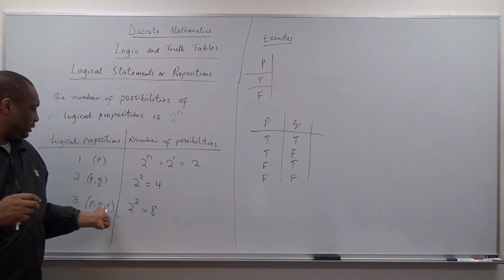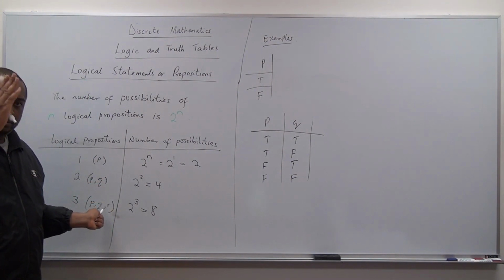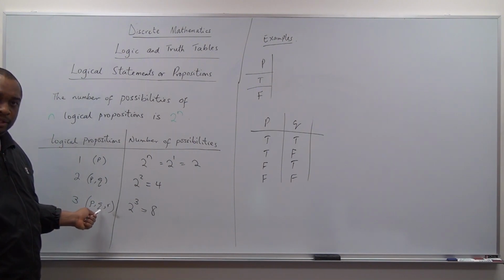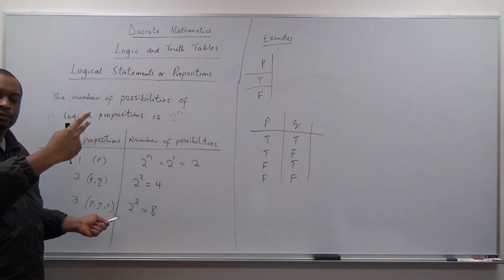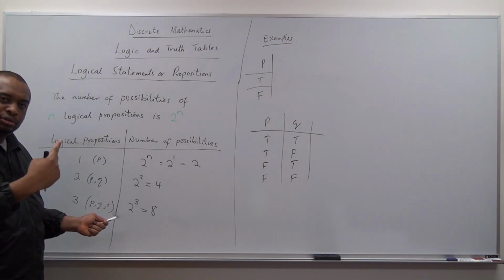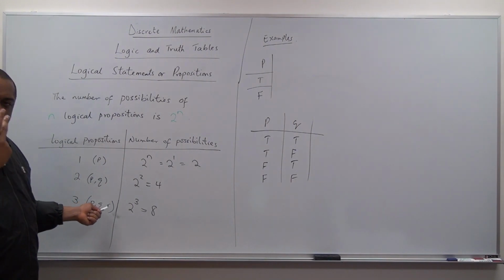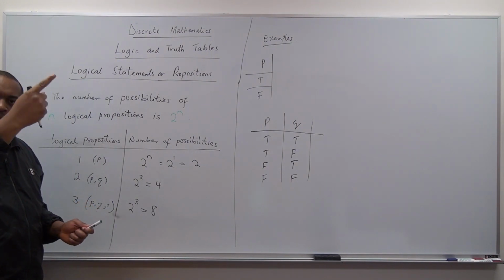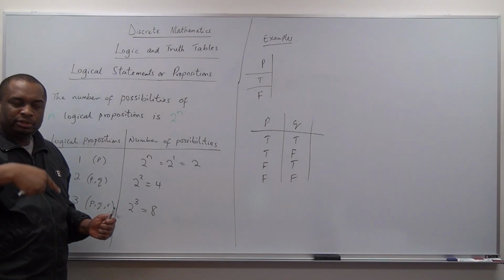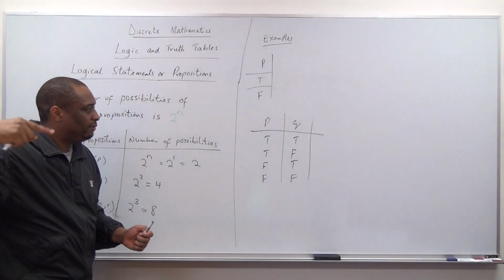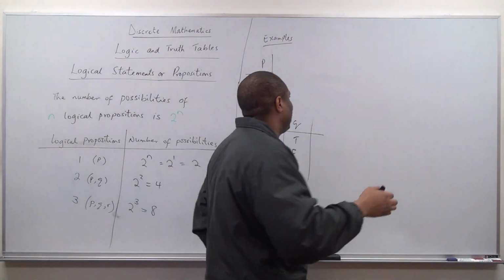Then divide that 4 by 2. For Q, you have 2 truths, 2 false, 2 truths, 2 false. Then divide it by 2 again for R. You have 1 true, 1 false, 1 true, 1 false, and you keep going like that.